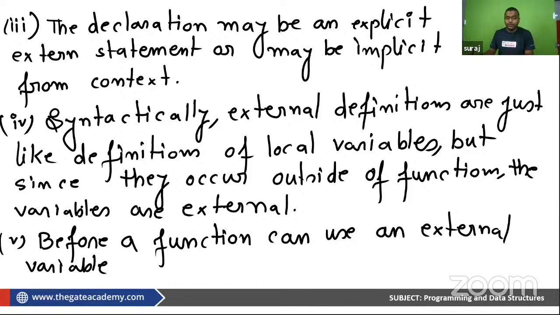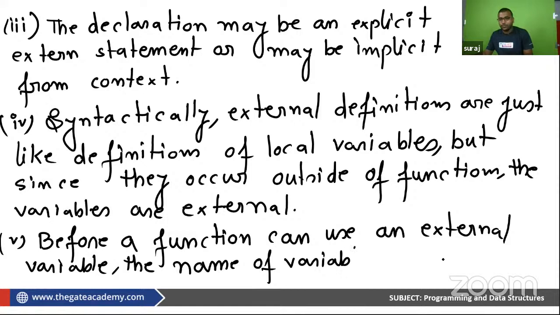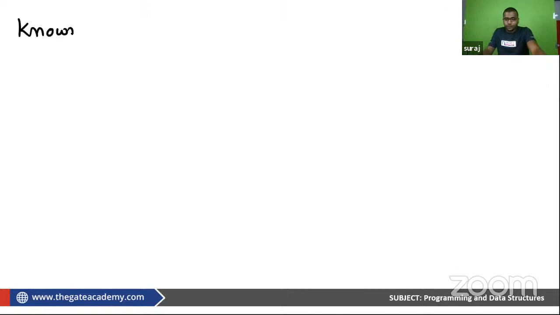So before a function can use an external variable, the name of the variable must be made known to the function. Understood?